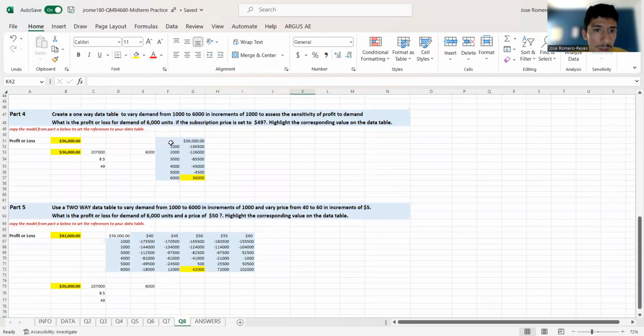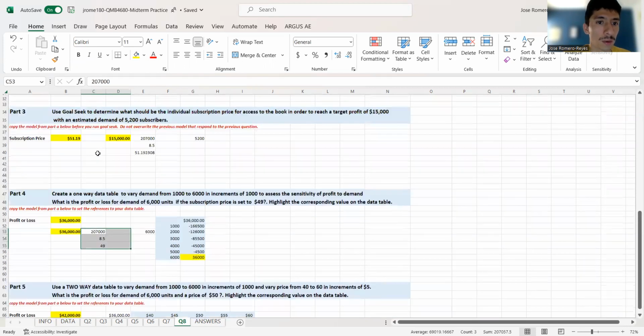All right, our next question actually involves creating a one-way data table. The way we're going to do this is by first copying the model from part A down over here.